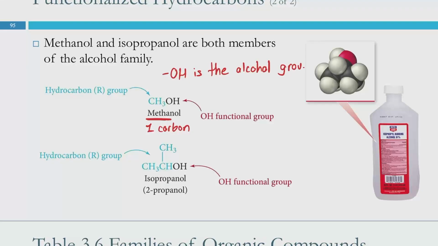So OH is the alcohol group. And when we have the alcohol group, we change the ending to ol, O-L. So because we've got methane, but we swapped out one of the groups for the alcohol, it's methanol.